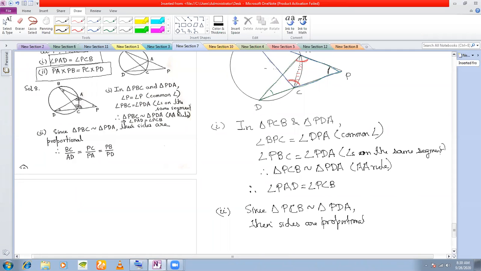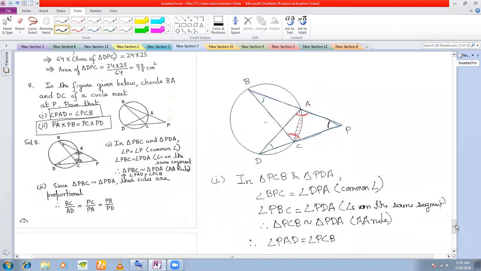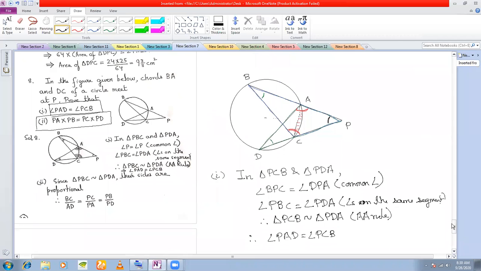In the numerator I'm going to write the sides of triangle PCB. Let us consider first the common angle, the angle P. What are the sides opposite to that angle? In triangle PCB, the side opposite the common angle is BC.